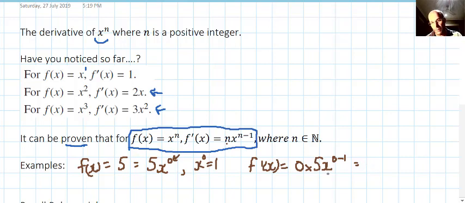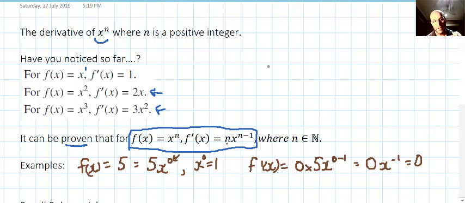So 0 times 5 times x to the 0 minus 1. Well, 0 times 5 is 0. x to the 0 minus 1 is x to the negative 1. We'll look at that more, but really 0 times anything is 0. So when you take the derivative of a constant, it comes out as 0.